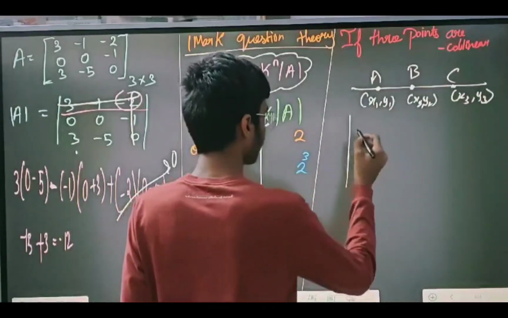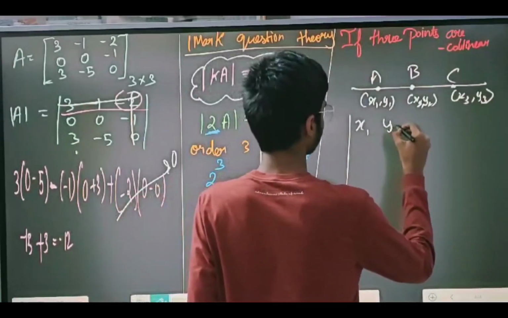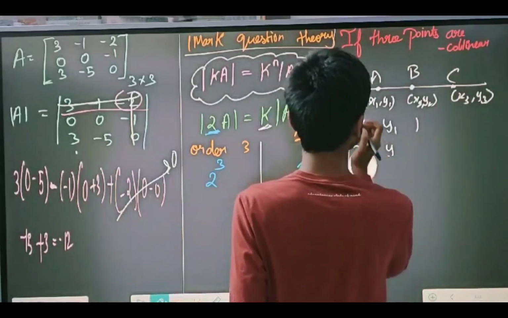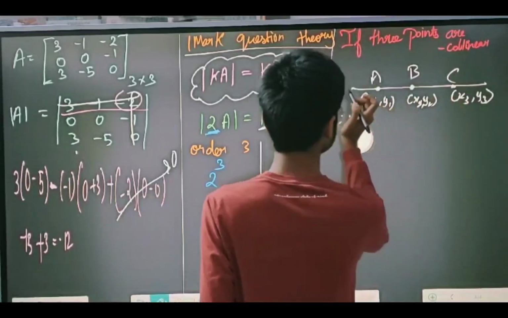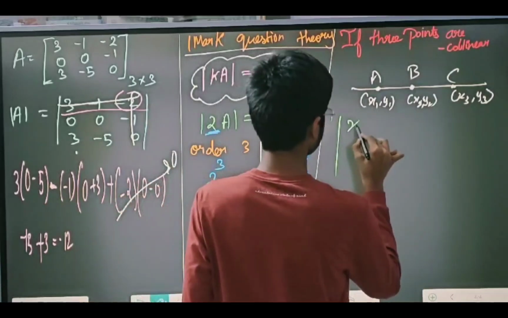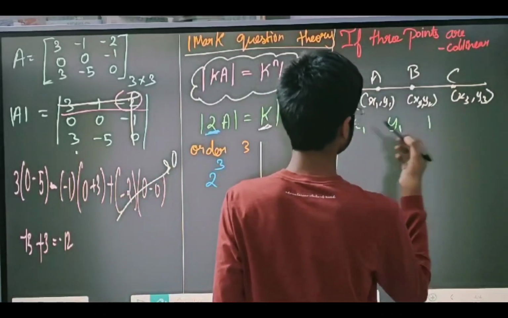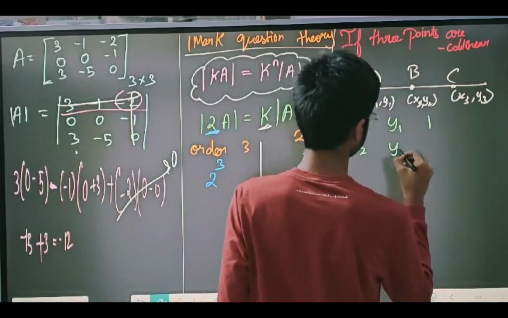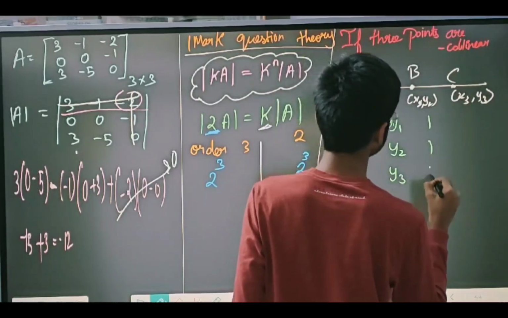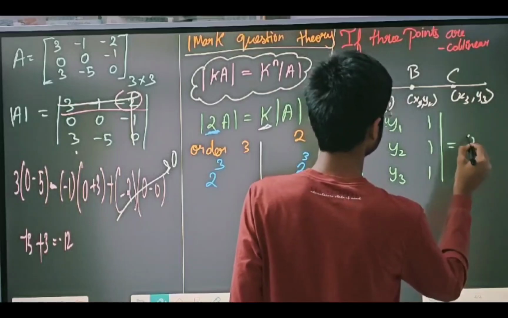You are going to use x1, y1, 1, x2, y2, 1, x3, y3, 1 is equal to 0.